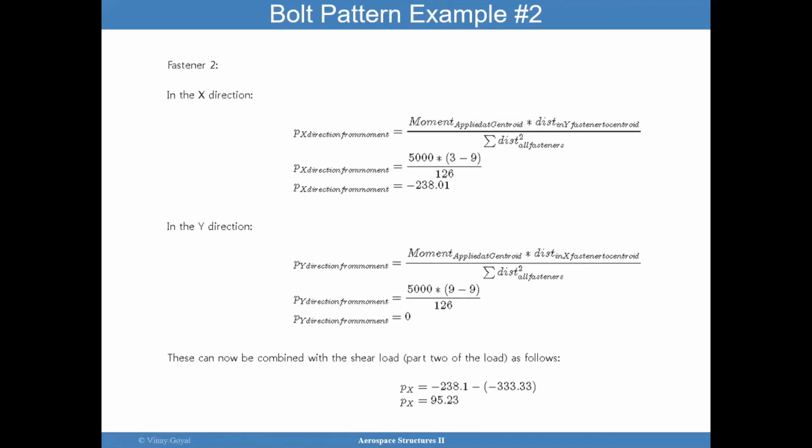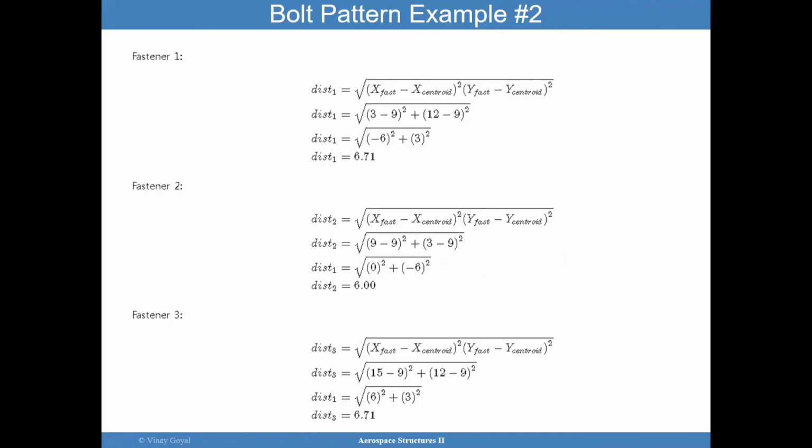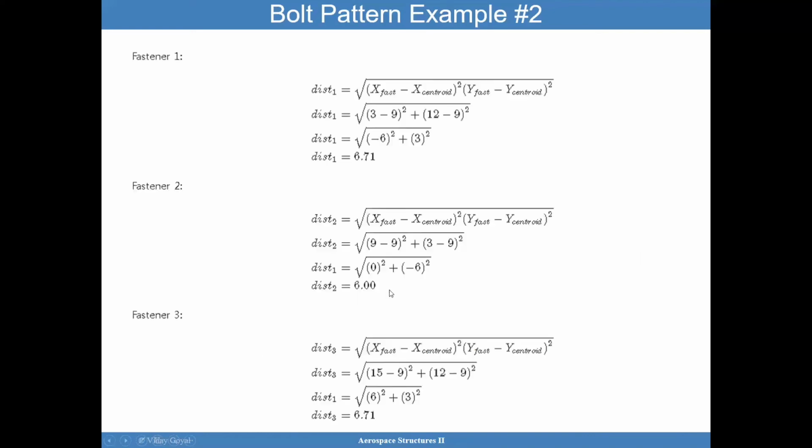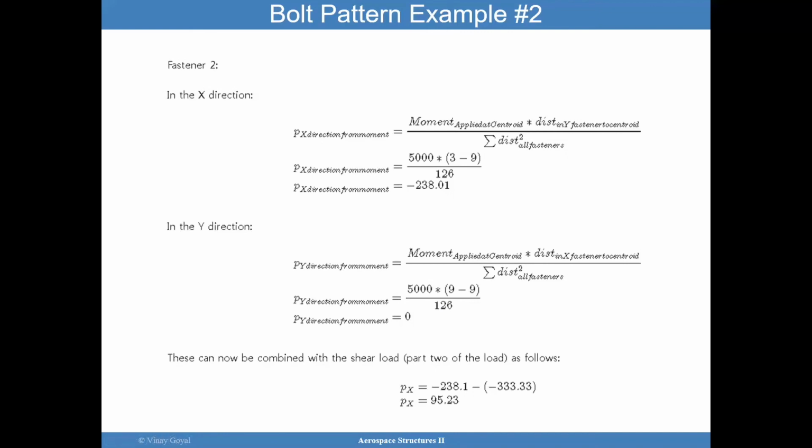I know the moment applies 5,000 pounds, but I want to calculate the distance for fastener 2 between here and this point. And so that distance in the y direction is really 6. And so that's why you have a 6 here.